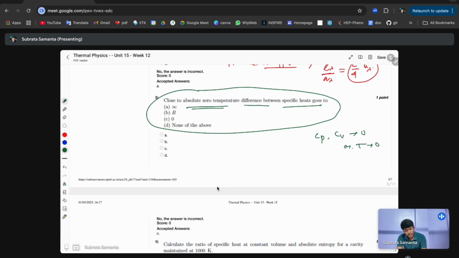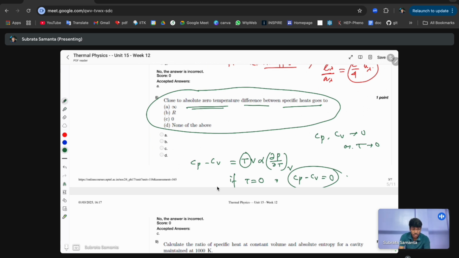But you can also show that the difference between these two, Cp minus Cv, is related to T V alpha squared, the expansivity, and del P over del T at constant V. Since T goes to 0, at absolute zero temperature T is 0. So if T is 0, then the difference Cp minus Cv is also 0, right? It can be shown from the second law of thermodynamics.